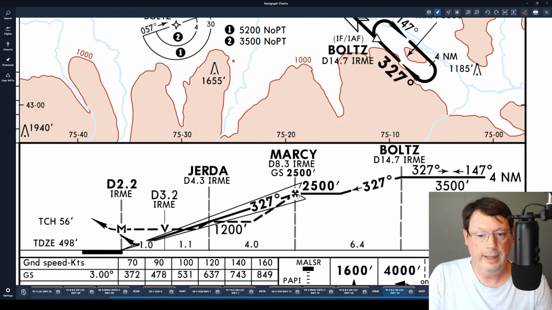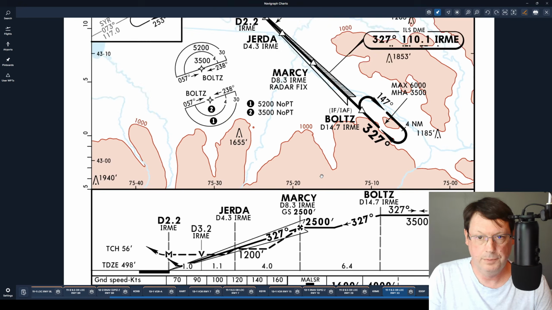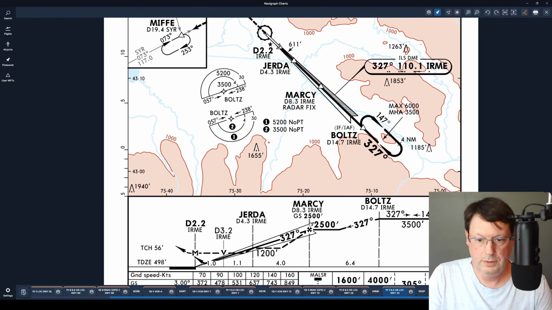And on the ILS, you would just descend down, and you can see it shows this cone. It shows a side view of this cone right here, and that's this cone up here. And you would come down on, so this 1,200 feet down here is for the localizer approach. I'll get to that in a second.